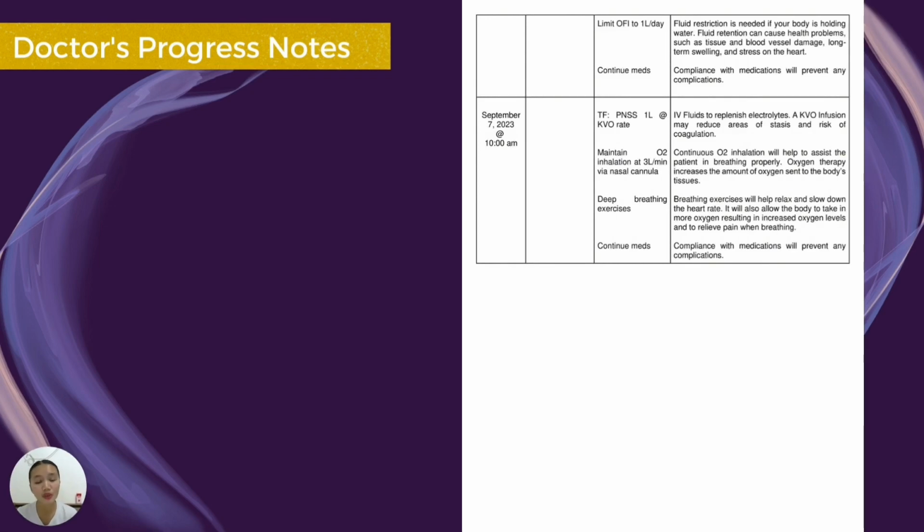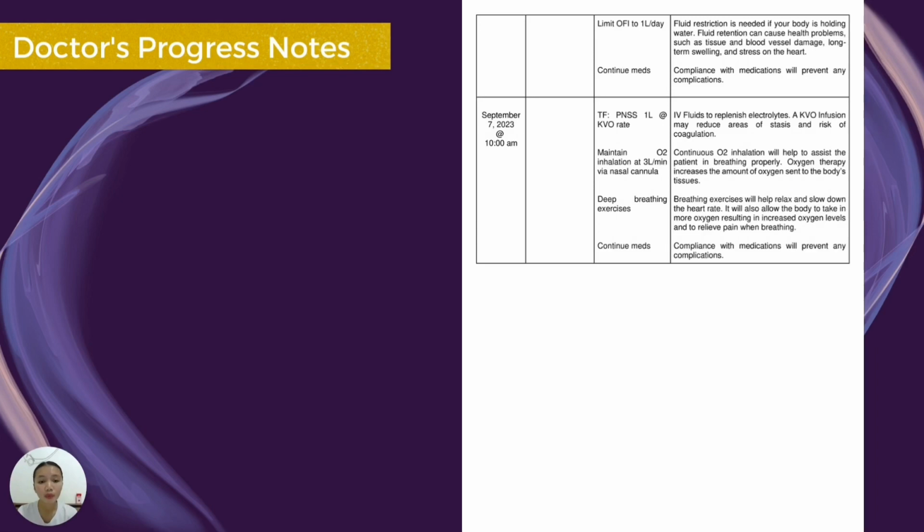And a KVO infusion may reduce areas of stasis and risk of coagulation. And then maintain oxygen inhalation at 3 liters per minute via nasal cannula because continuous oxygen inhalation will help to assist the patient in breathing properly, and this also increases the amount of oxygen sent to the body's tissues.